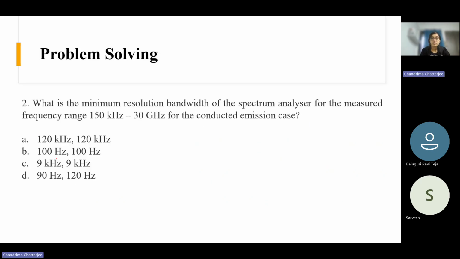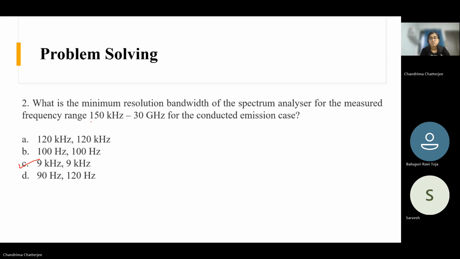And for conducted emission, the frequency range is 150 kilohertz to 30 megahertz, and the bandwidth is 9 kilohertz for both of them.